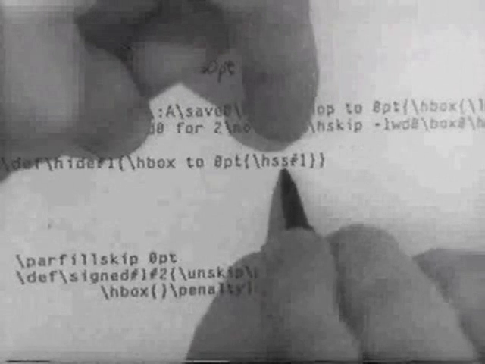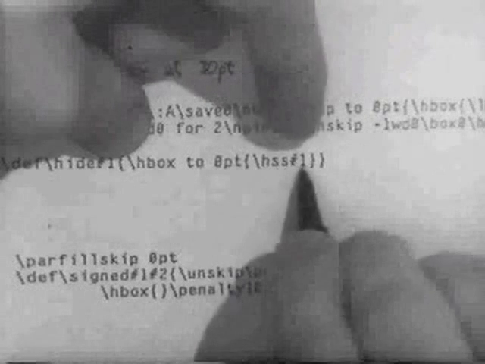HSS means stretch or shrink as needed to reach the desired final size, and then I put the actual thing in here. So this will stretch or shrink in order to do the right thing. In this case, since number 1 presumably has a positive width, this will shrink to a negative width enough to backspace, and then number 1 would come.